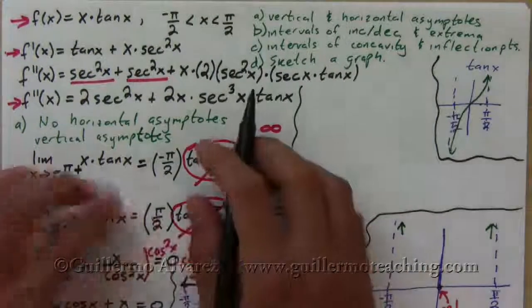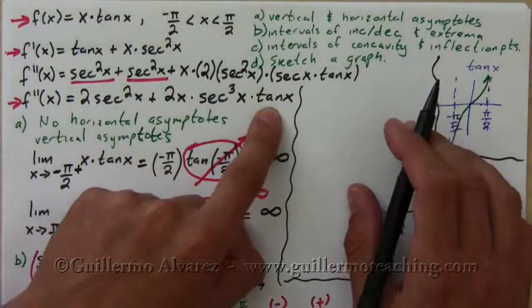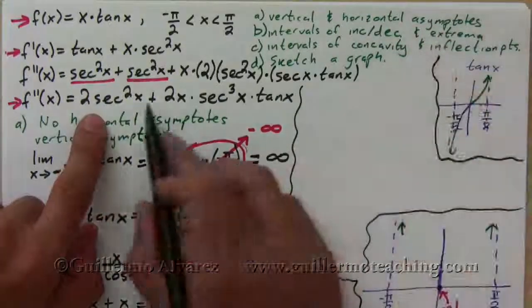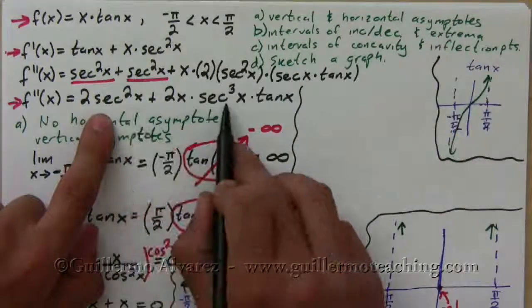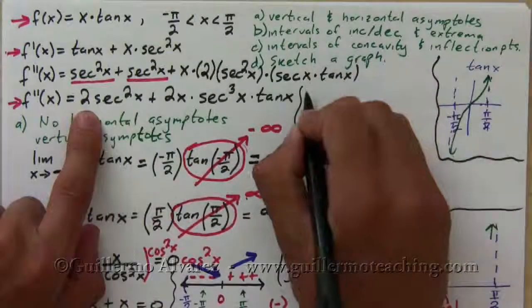Okay, so we have the second derivative right here, this guy. And this looks kind of complicated to solve, but you notice that you can factor out a 2 and a secant squared. So why don't we do that?